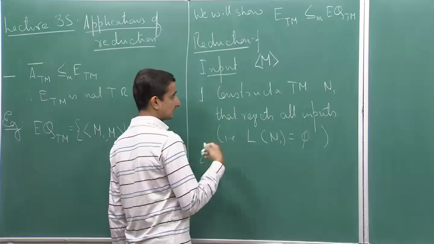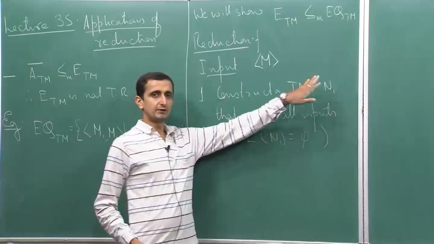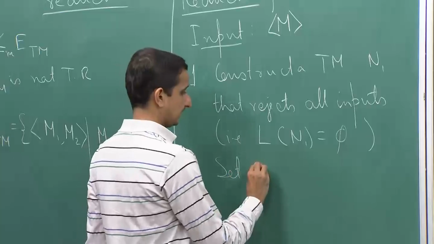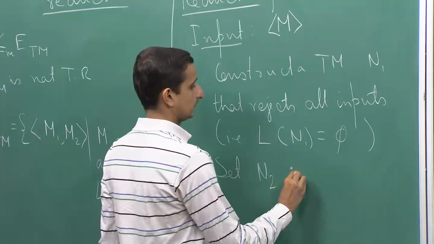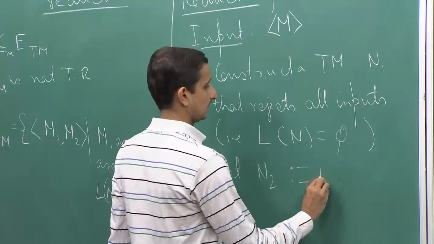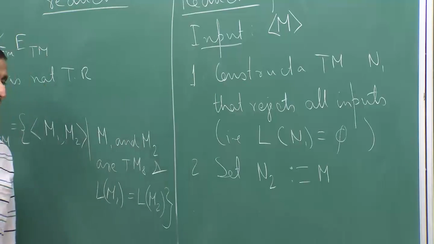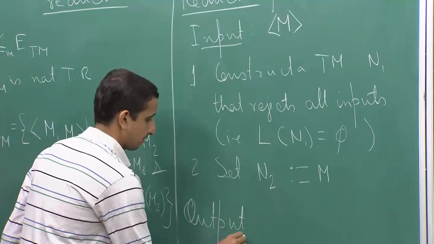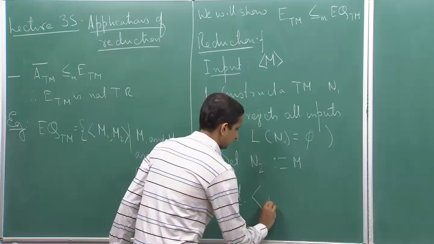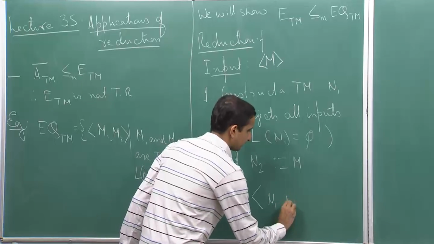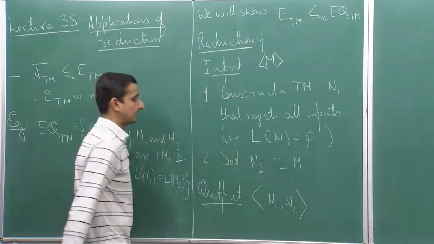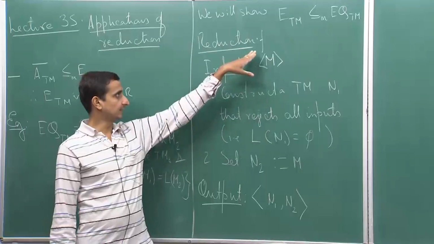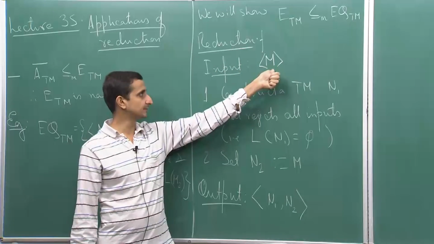And it will construct another Turing machine N2, which will just be the machine M. So, I will write it as set N2 to be the machine M. And now it outputs the pair N1 comma N2.